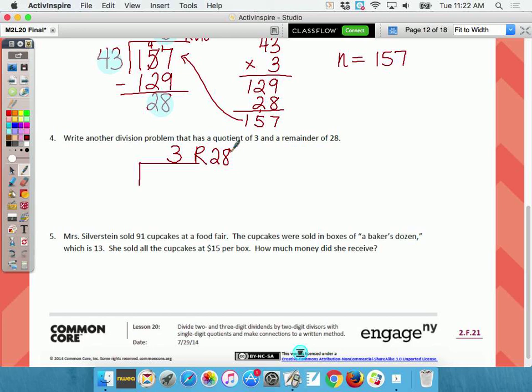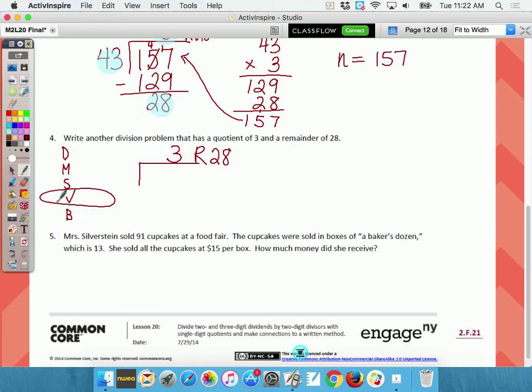Now there's only one rule for picking a divisor, and here's what I want you to think about before we answer this. Divide, multiply, subtract, check, bring down, right? When I check, what am I checking?